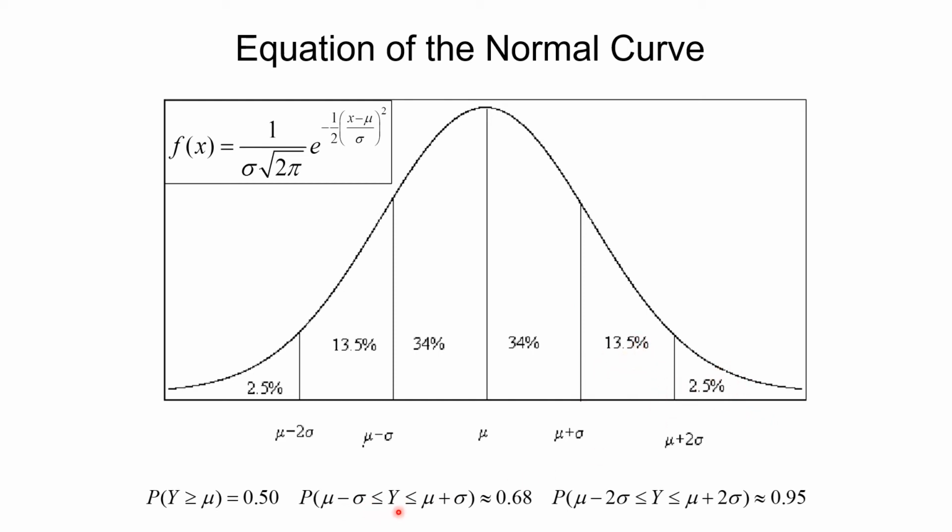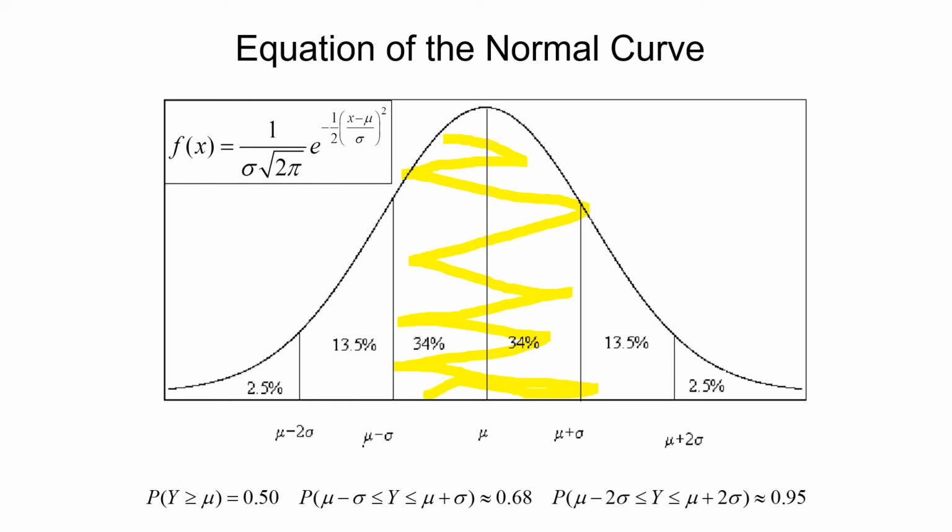And the probability for y being between 1 standard deviation to the left and 1 standard deviation to the right, that means the probability in between this area. This will give you this area here. I'm not shading the whole thing.